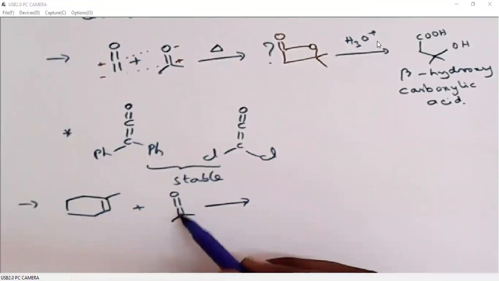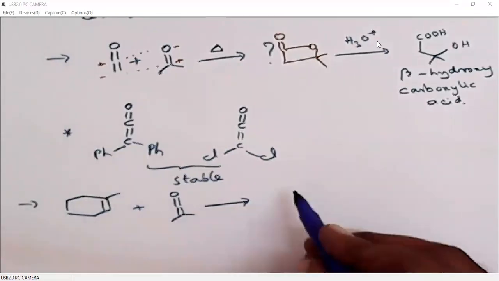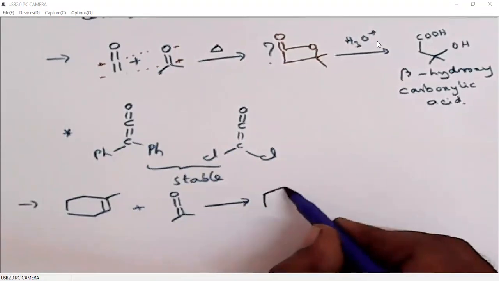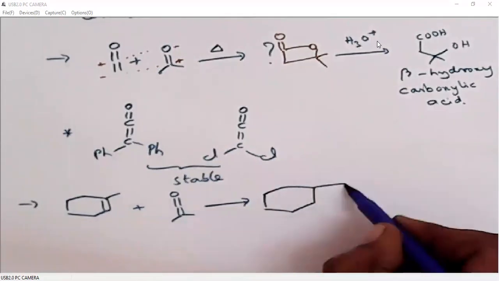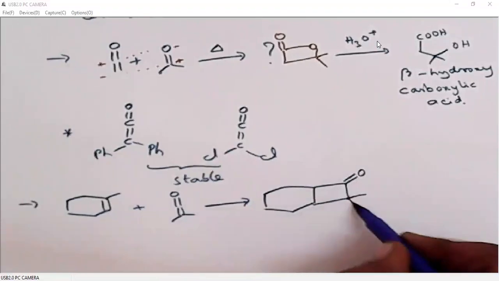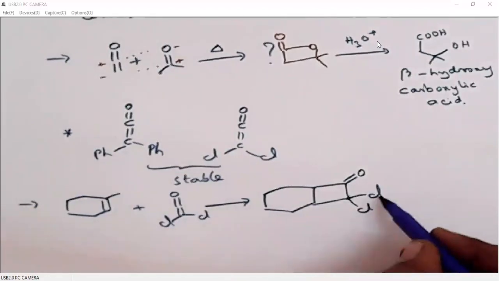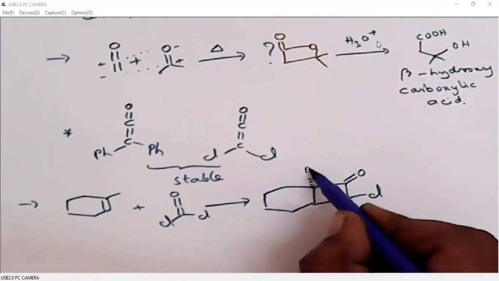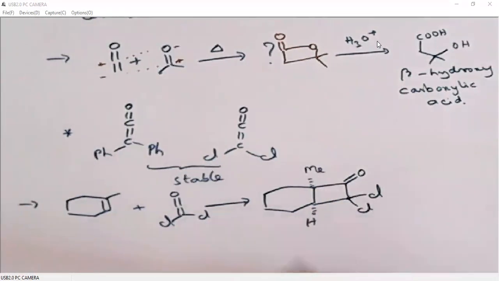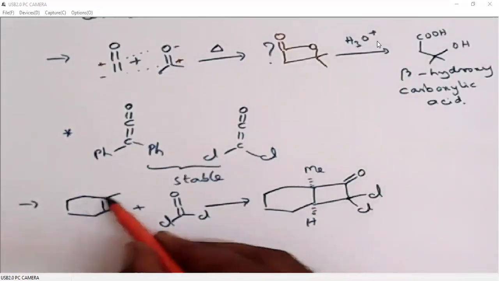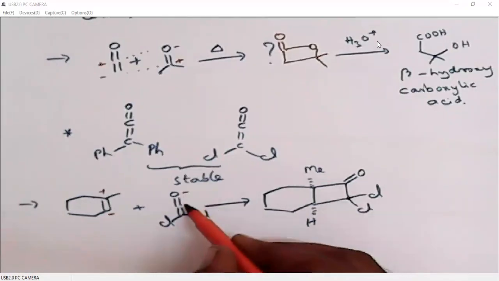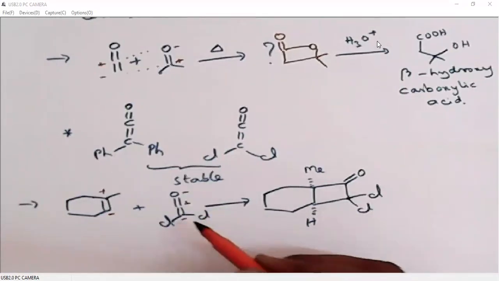But when we look at the steric crowding, first I'll give the product and then I'll explain. Here it is the product. But when we write the charges, because there are two donating groups, it must be negatively charged, it must be positively charged. Here it is negatively charged, positively charged, and negatively charged.